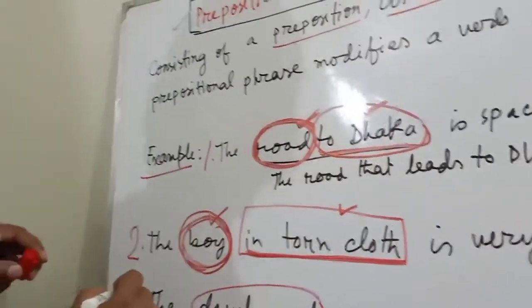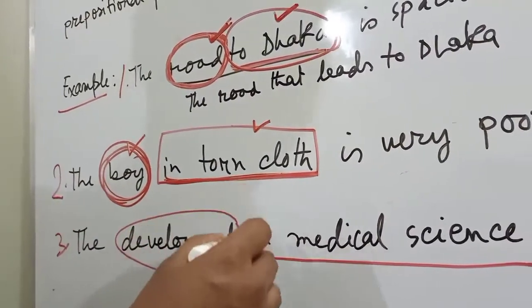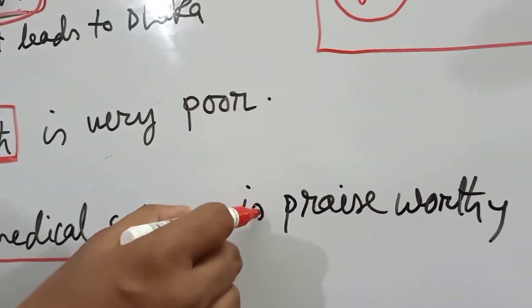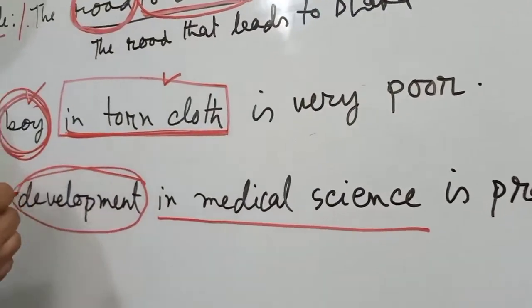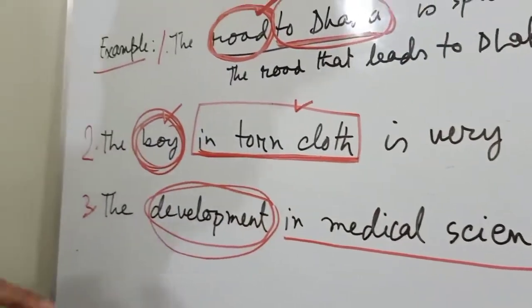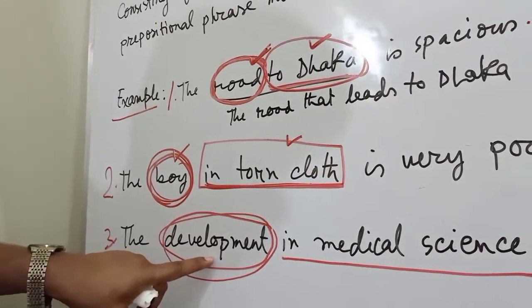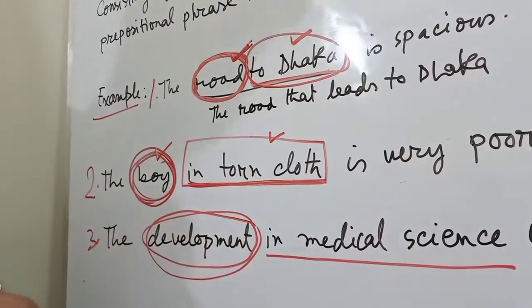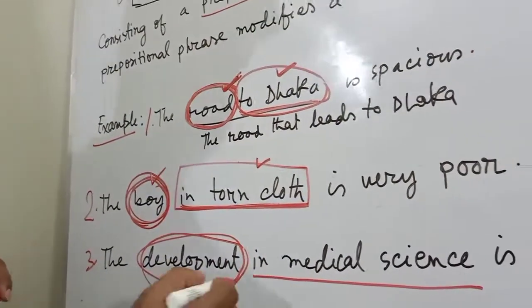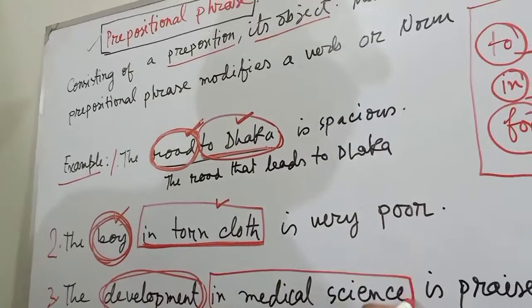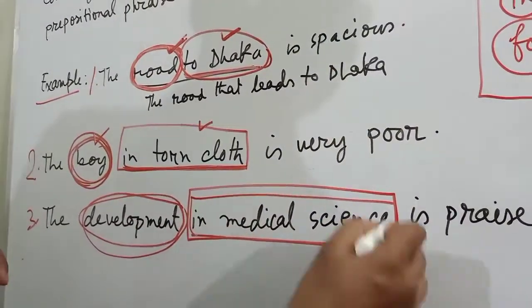In the third example, the development in medical science is praiseworthy. The development here is the word to be modified. What kind of development? Which development? In which sector? In medical science. "In medical science" is a prepositional phrase.